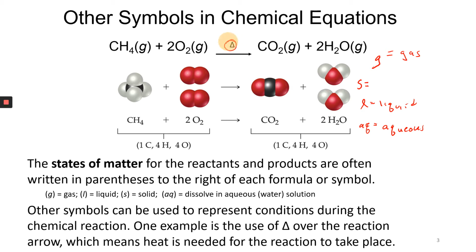The triangle on top of the arrow means that it was heated. So your chemical reaction not only tells you what you're mixing and what you're making, but it tells you the states that it's in. And down here are all of the abbreviations and what they mean.